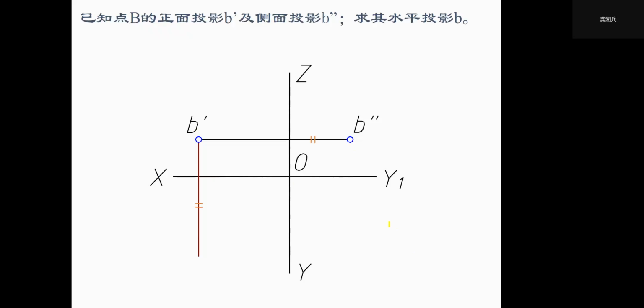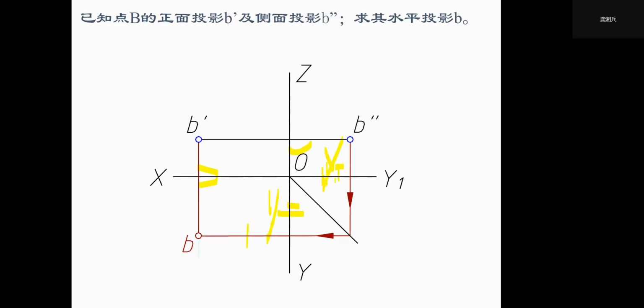Point projection law means if your projection point, line, all the adjacent lines should be 90 degree. This one is 90 degree, and then this one is 90 degree, and the distance, this y is equal to this y.